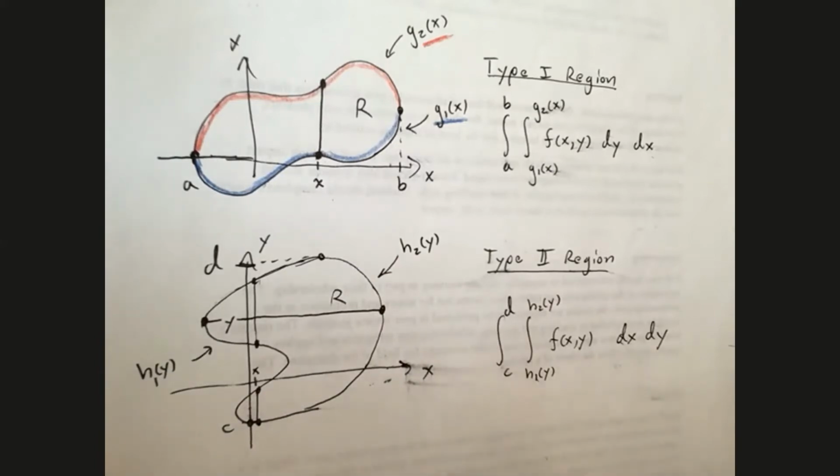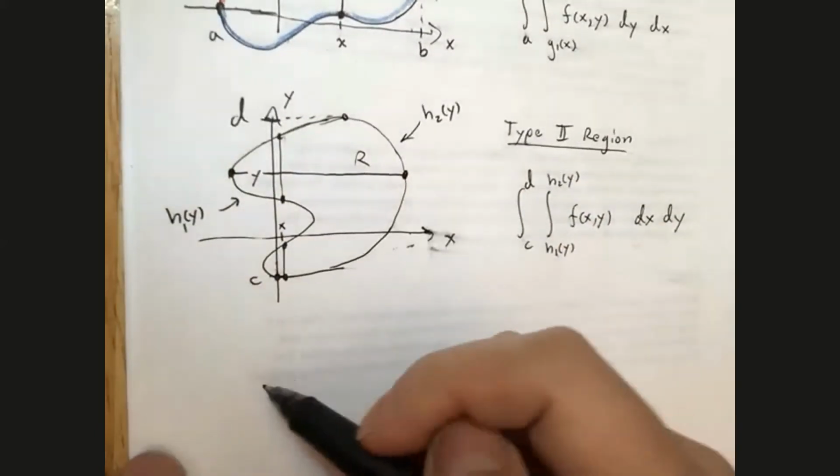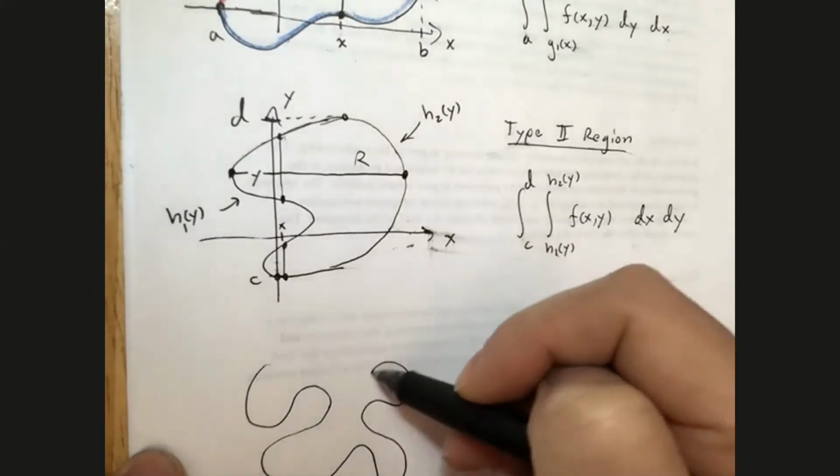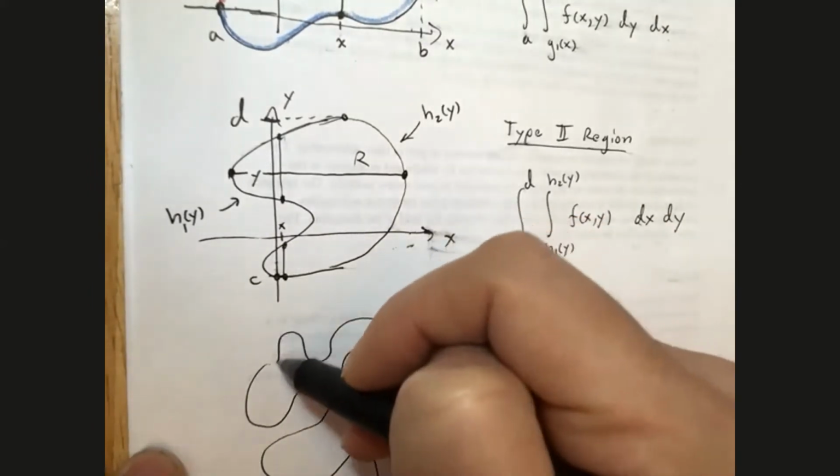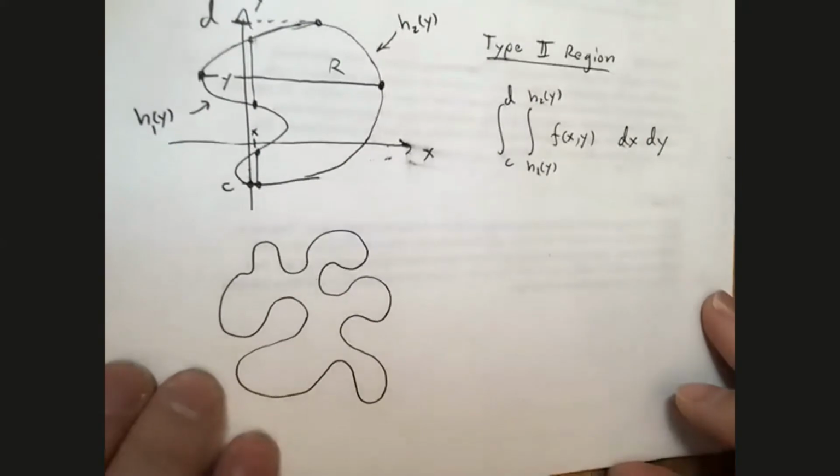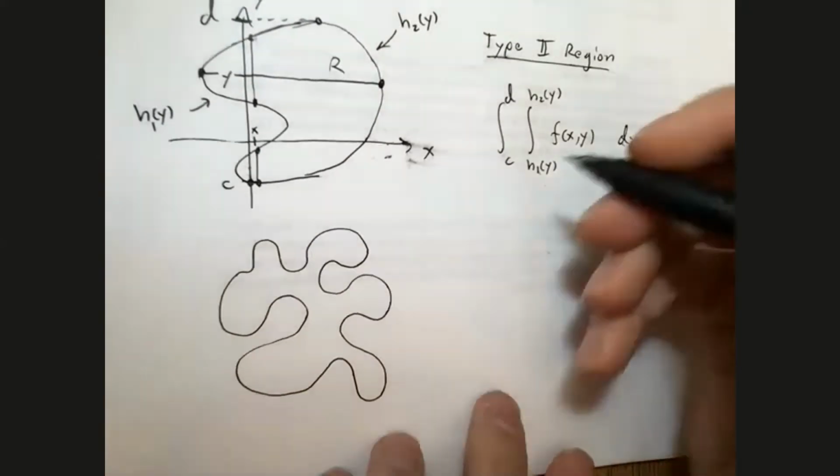And there are regions that are neither type 1 nor type 2. Okay, so if I do something like, I don't know, something really crazy, right? Like that, something like this is neither type 1 nor type 2.